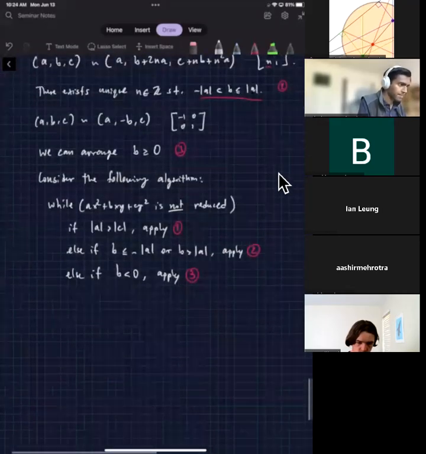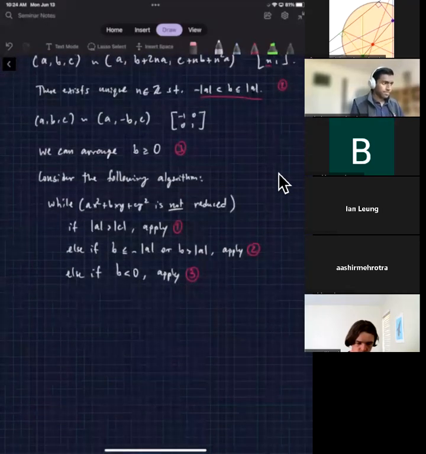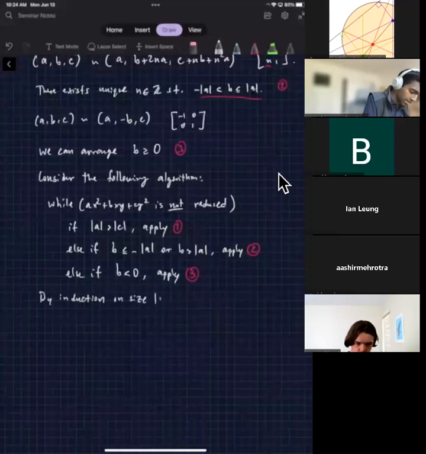Okay. And then by induction, so that's the algorithm, by downward induction on the size of A, you can easily see that this algorithm terminates.